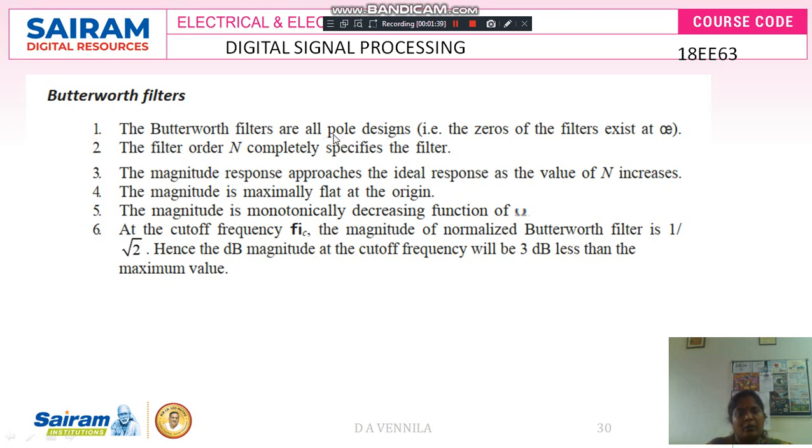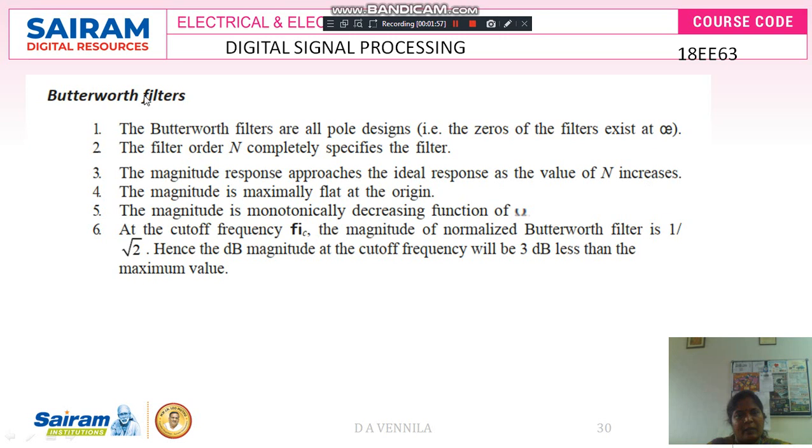So here we are going to design the all-pole analog filters, and the filter order n completely specifies the filter. The magnitude response approaches the ideal response as the value of n increases.